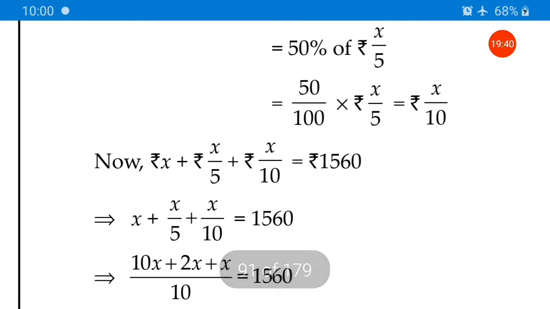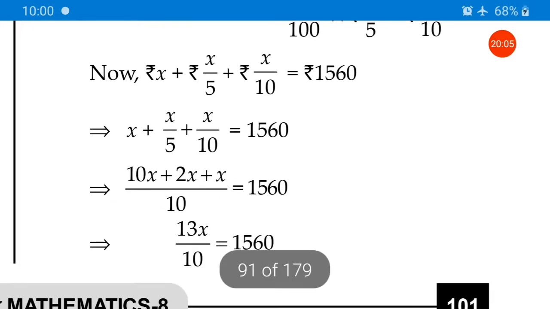Now the sum of all A, B and C, and the total amount is rupees 1,560. So X plus X upon 5 plus X upon 10 is equal to 1,560. So when we sum this up, 10x plus 2x plus x upon 10 is equal to 1,560.